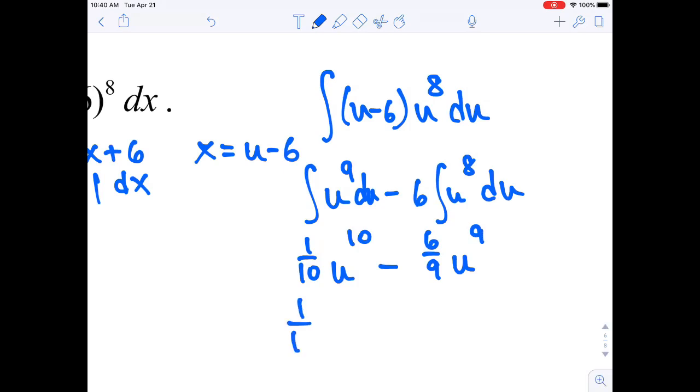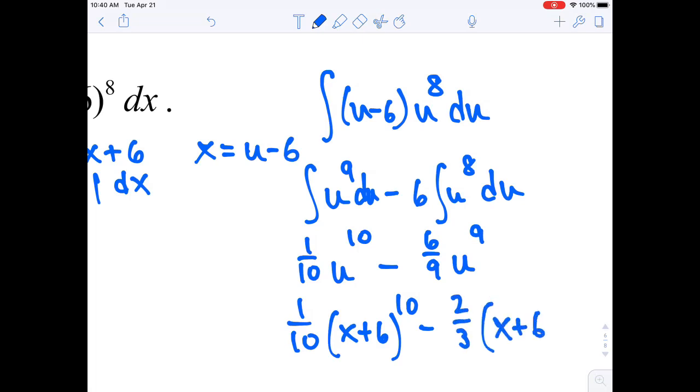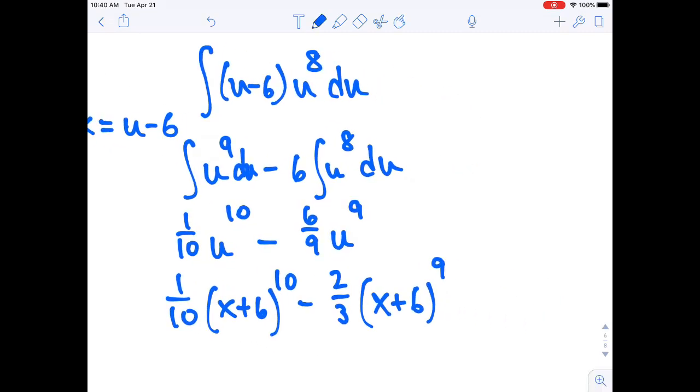So I have 1/10 (x plus 6) to the 10th minus 2/3 (x plus 6) to the 9th plus c.